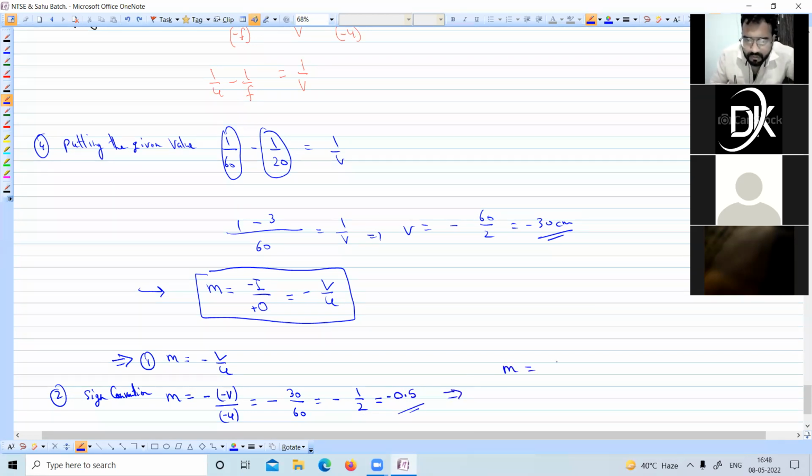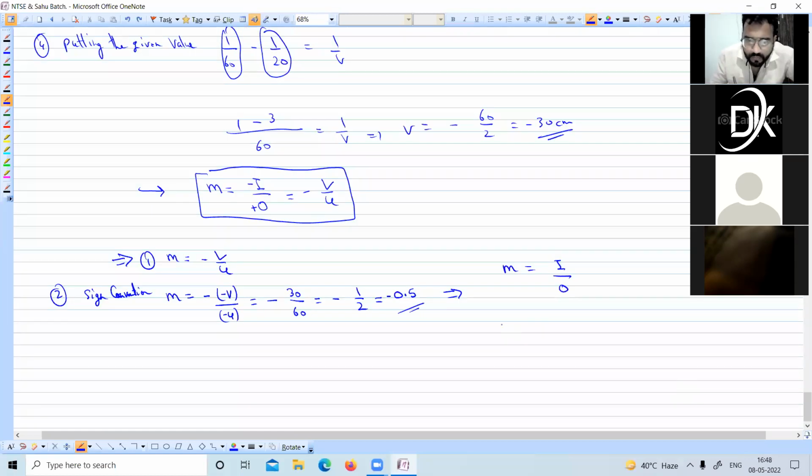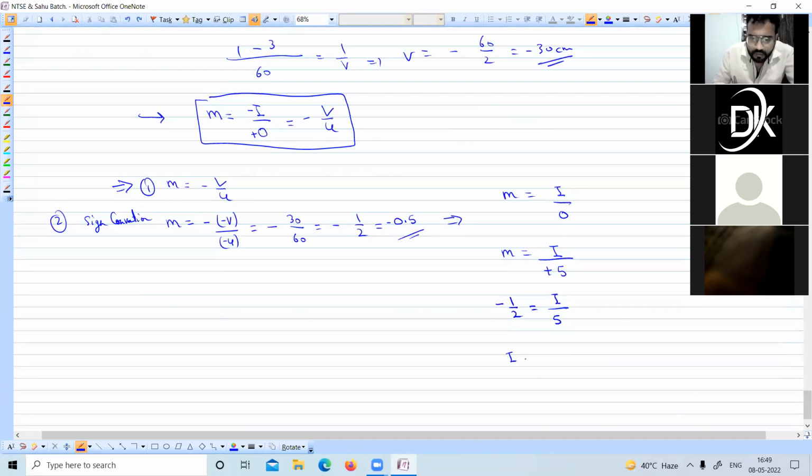Now magnification is equal to I upon O, where I we don't know. The O value is a positive 5 because the object is erect. Magnification is minus 1 upon 2, equal to I upon 5. So I is equal to minus 2.5, in centimeter, because this is in centimeter.